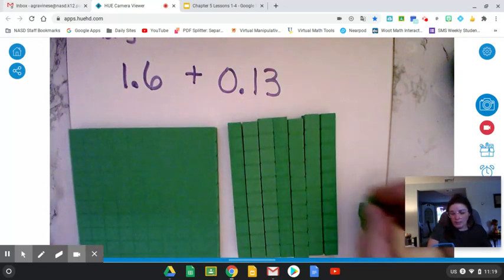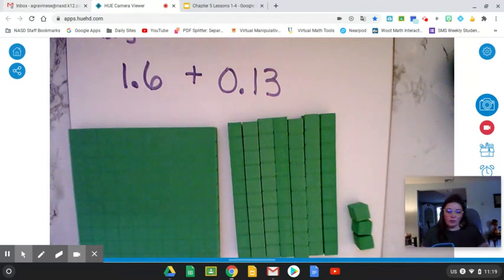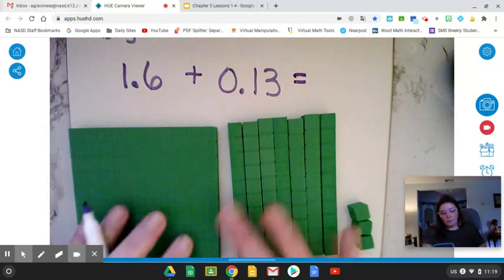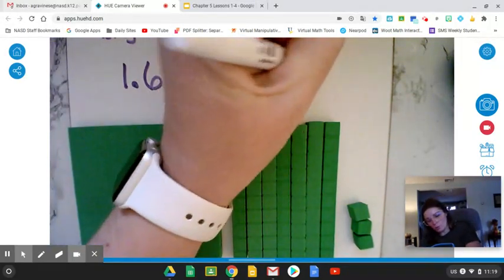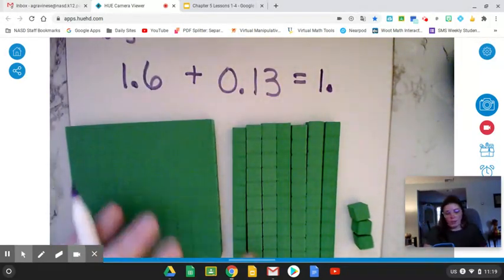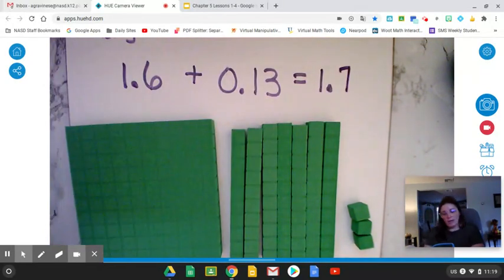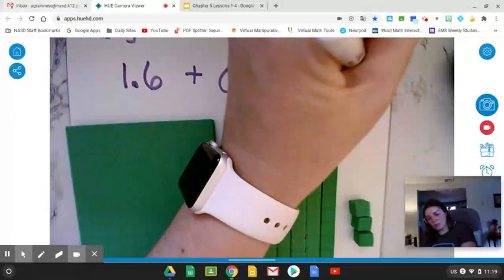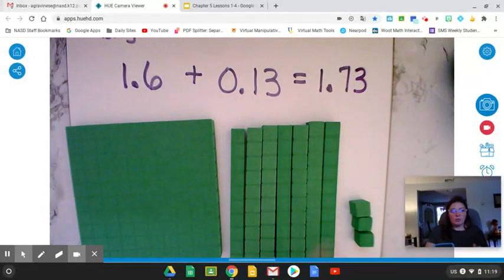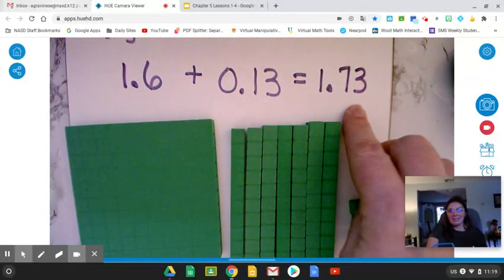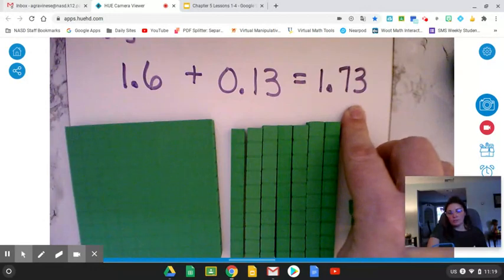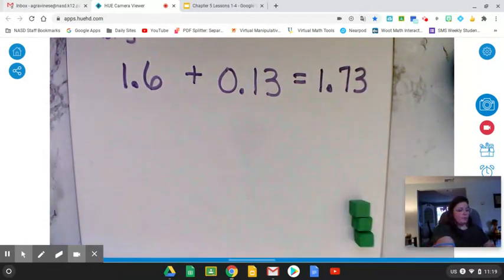So I've combined everything I can combine. So let's find our sum. I have a total of one whole. I had 7 in my tenths, and I have 3/100ths. So our sum is 1 73/100ths.